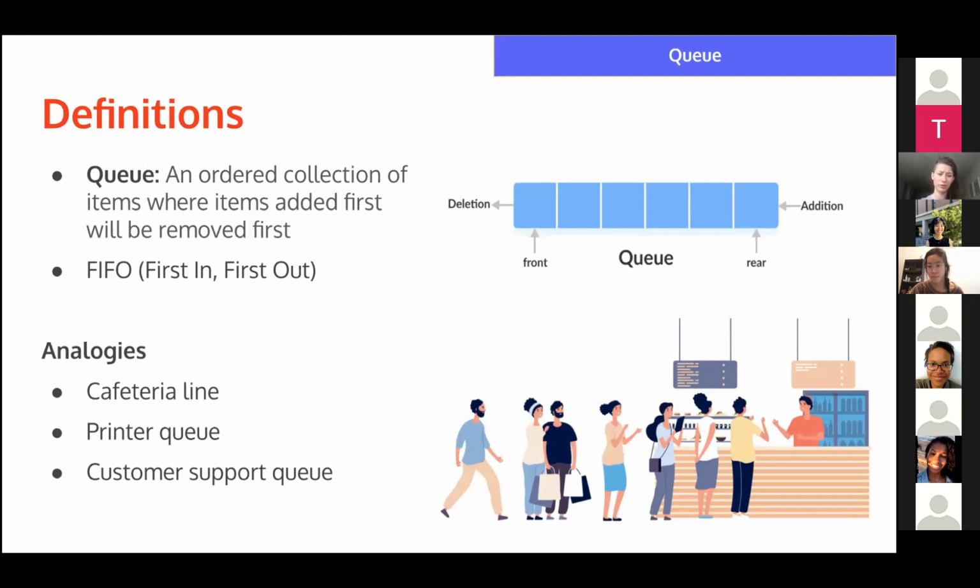A printer queue, or really any kind of queue on your computer, is going to use this model as well. We always want the first thing that's added to be the first thing that is executed. And although sometimes it doesn't feel like it, a customer support queue we could also put in there, although sometimes it feels like they don't get to you until they've served every other person.